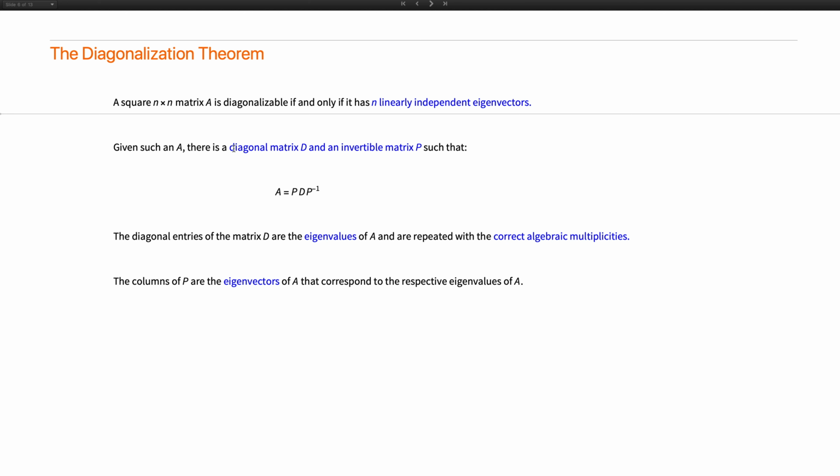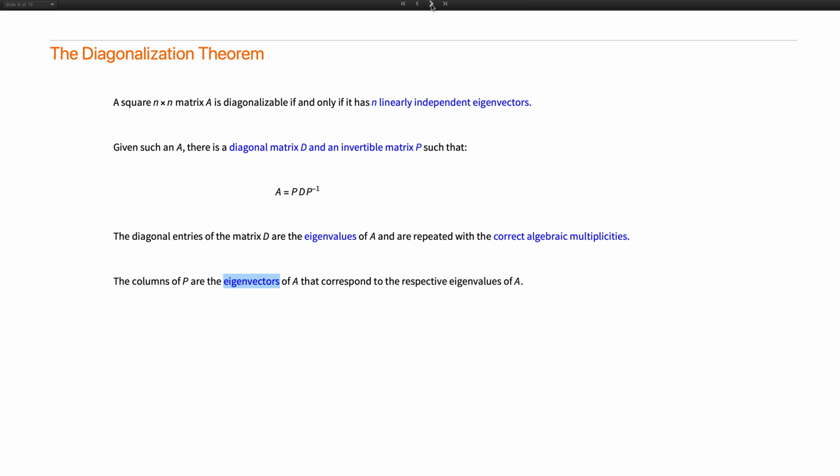And in such a case, of course, you have a diagonal matrix D and an invertible matrix P such that A is equal to P times D times P inverse. Once again, the diagonal entries of D are the eigenvalues of A, but this time, if there are repetitions, you've got to have the correct algebraic multiplicities. And the columns of P are the eigenvectors of A.